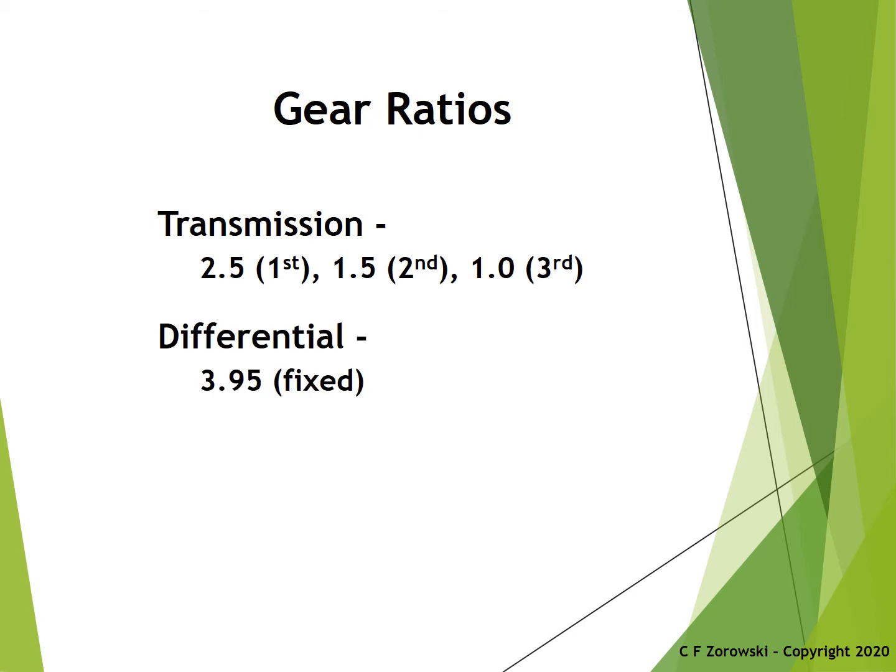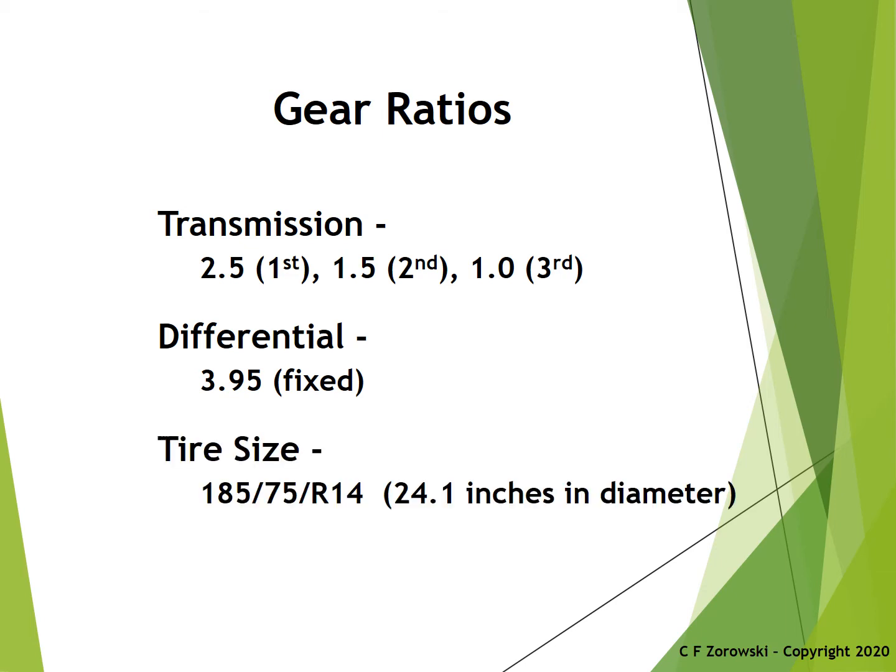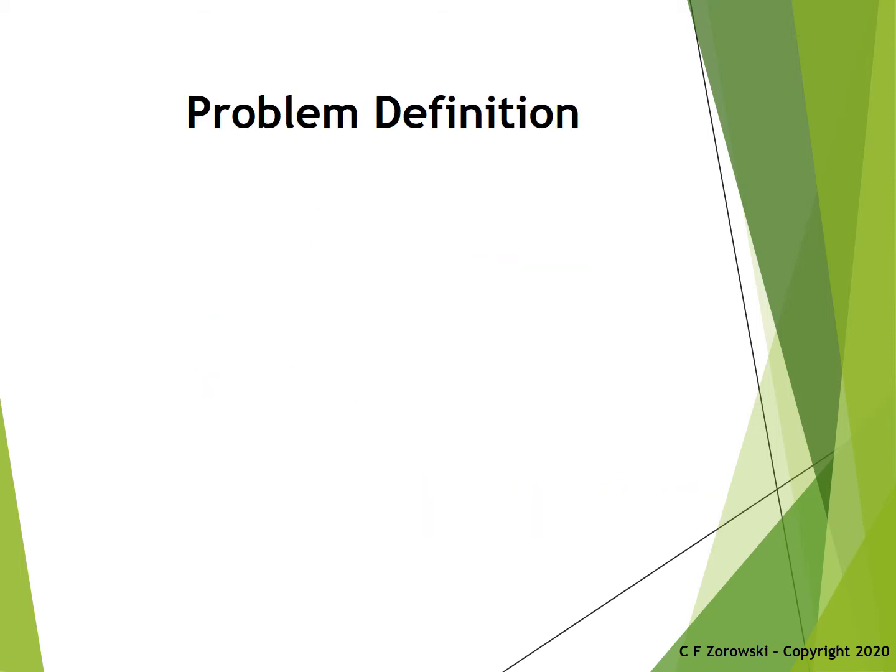The differential has a fixed ratio of 3.95, and the proposed tire size will result in a wheel diameter of about 24 inches.